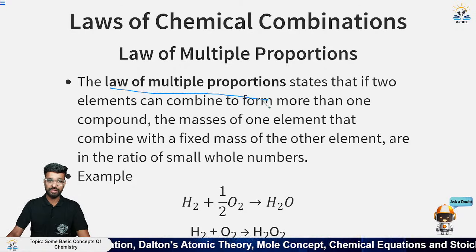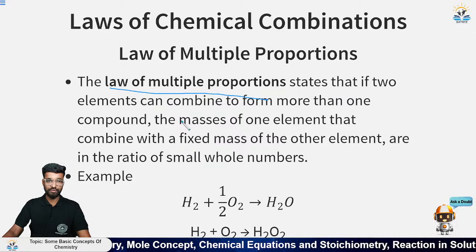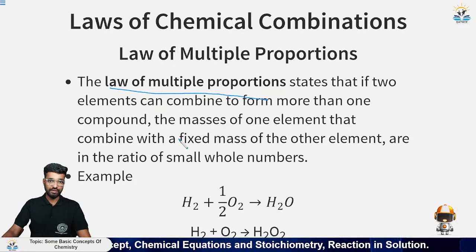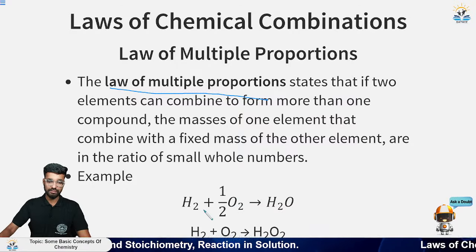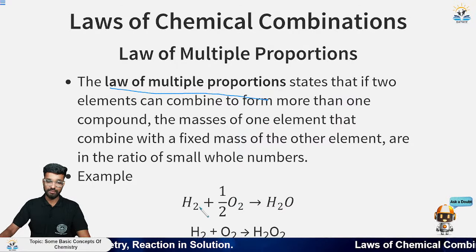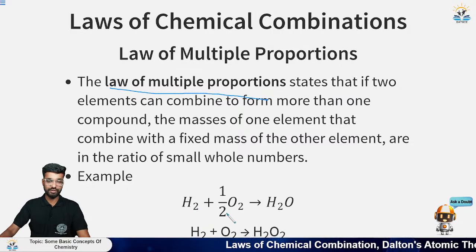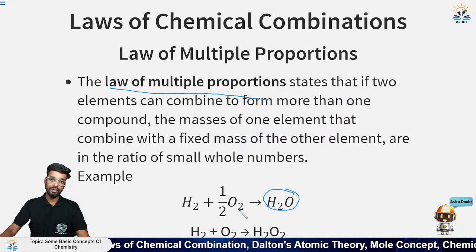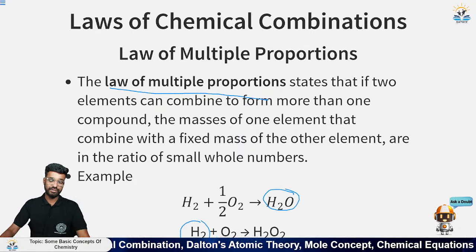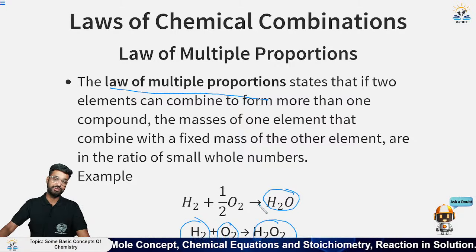Now the next law is the law of multiple proportion. What does this law say? It is often seen that two reactants can combine to form two different products. Suppose we are forming water by reacting 1 unit of hydrogen and half a unit of oxygen to give 1 unit of water. Now we have another reaction in which we have 1 unit of hydrogen and 1 unit of oxygen to give 1 unit of H2O2.